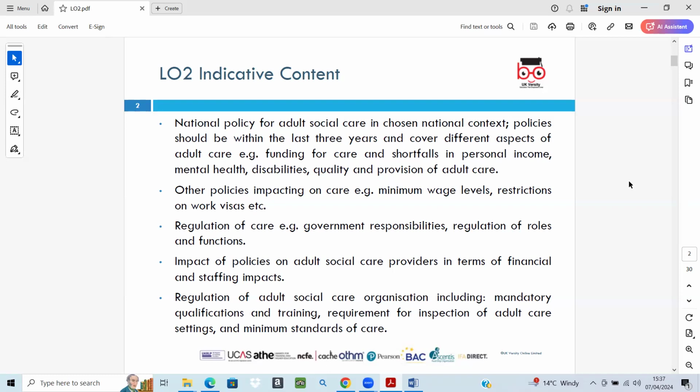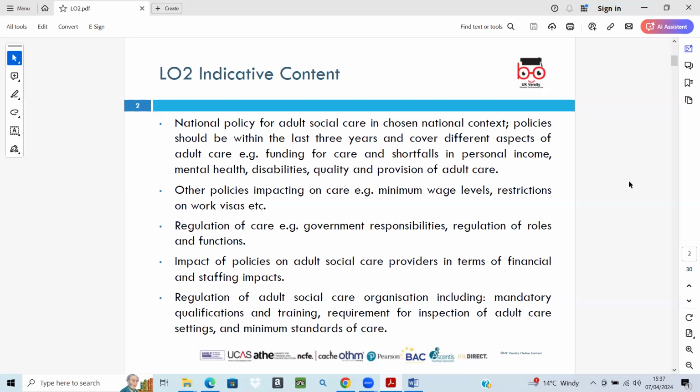Then we have quality and provision of adult care, where the Care Act 2014 highlights the importance of care and support for every individual.